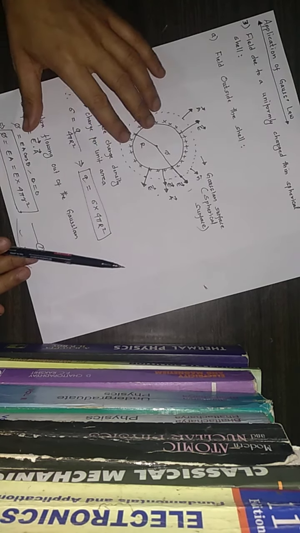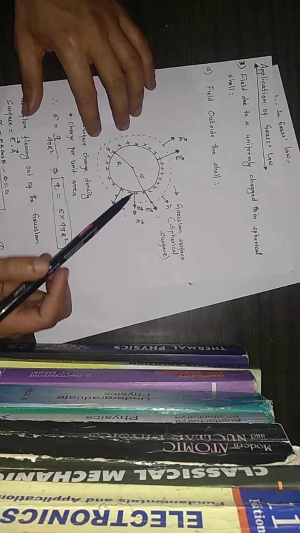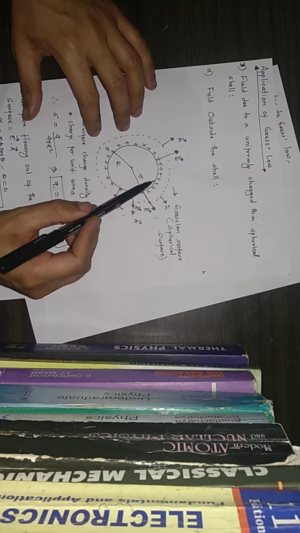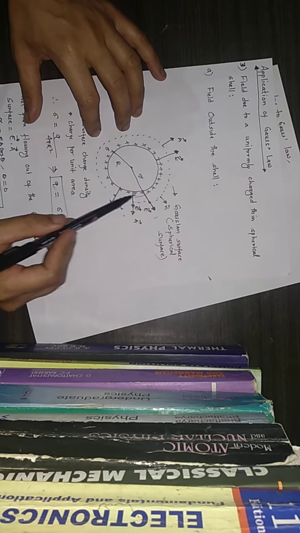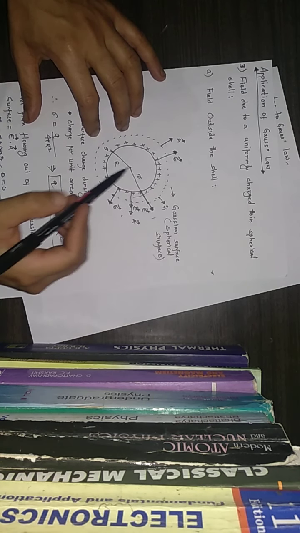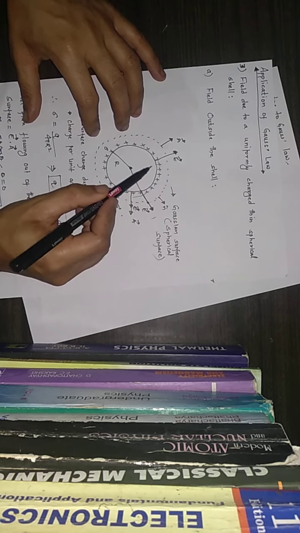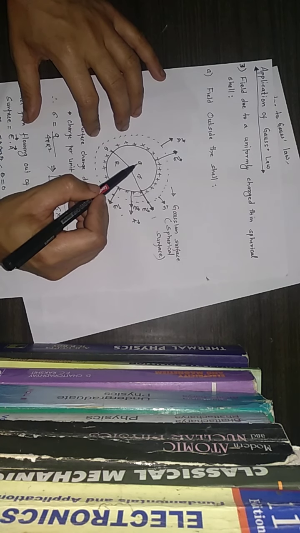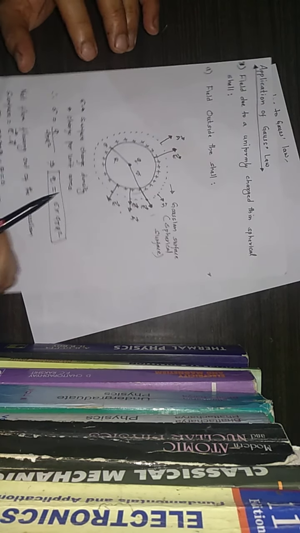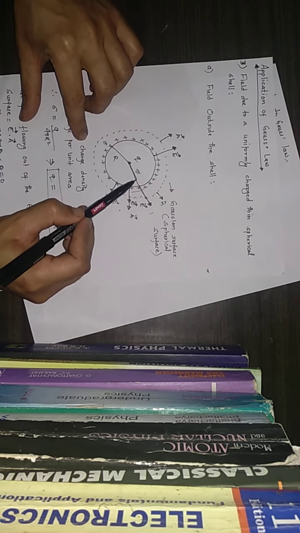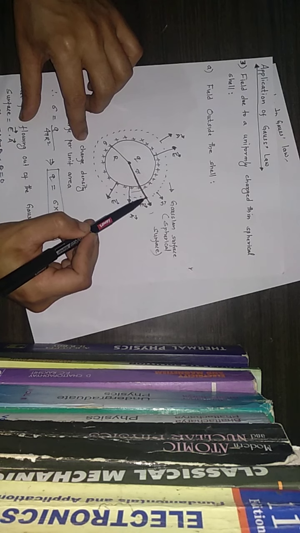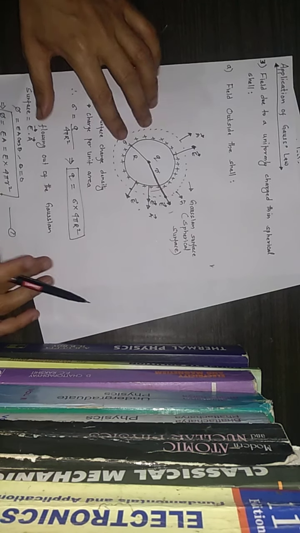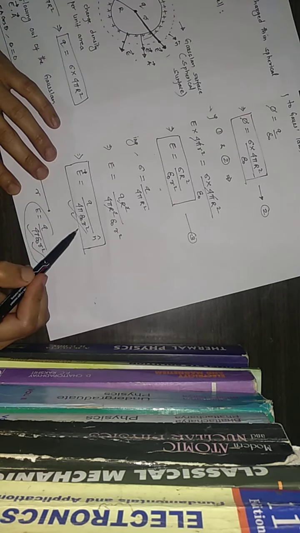So what we imply here is we can conclude that this spherical shell will behave as if the total charge of the shell is concentrated at the center of the shell, such that at any point at a distance r from the center, the electric field value will be equal to this much.